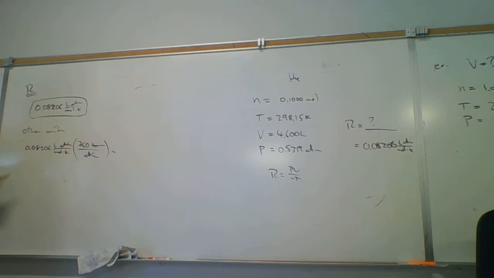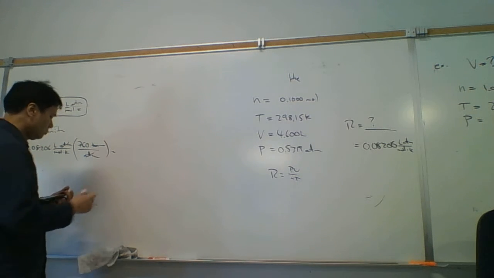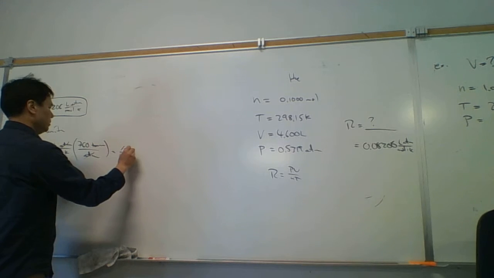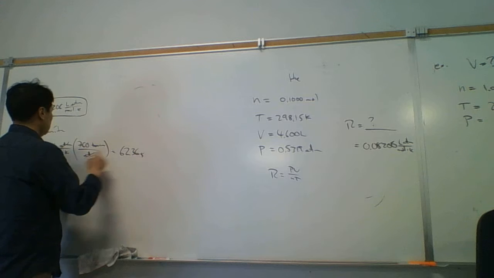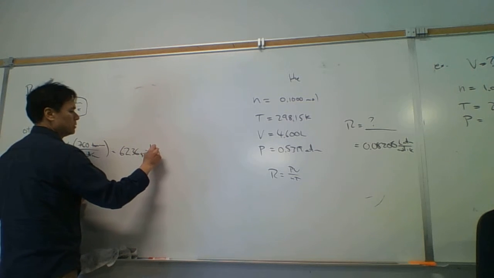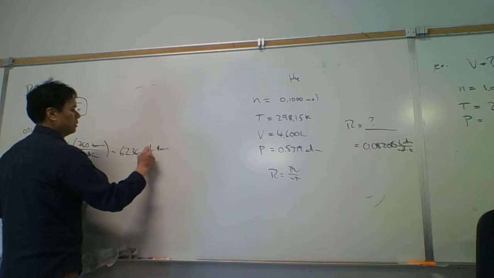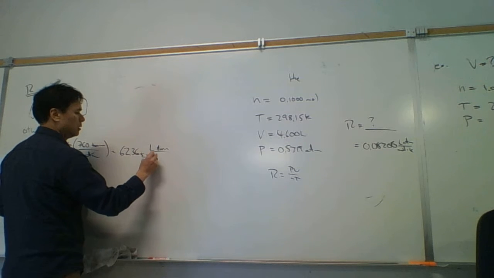What does that come out to? If I do 0.08206 times 760, this comes out to 62.365, and the units would be liters torr per mole Kelvin.